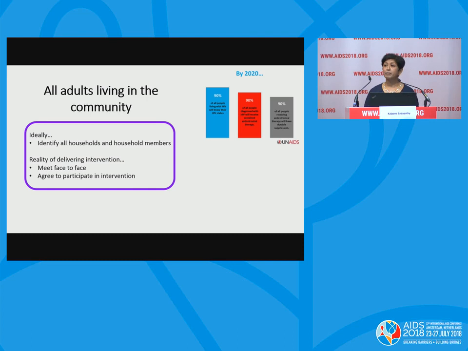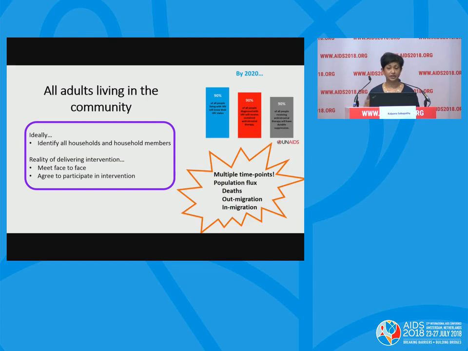When we're looking at the impact of intervention and comparing what was there before and the impact after intervention delivery, by definition then it's over multiple time points. And a key challenge with this is that in the background over those time points, population flux occurs: deaths, out-migrations, and in-migration.